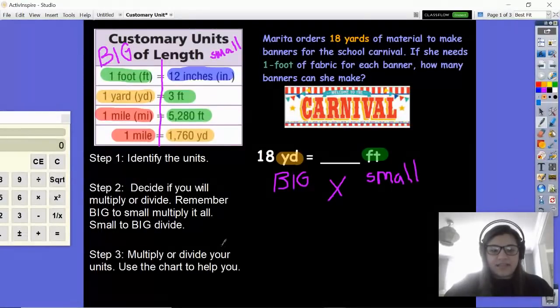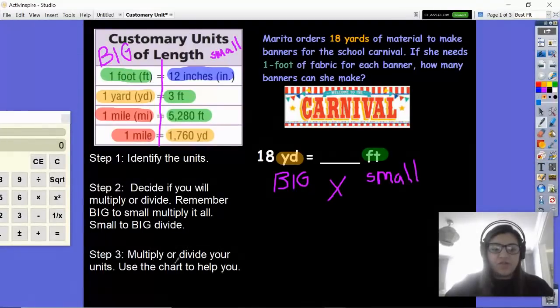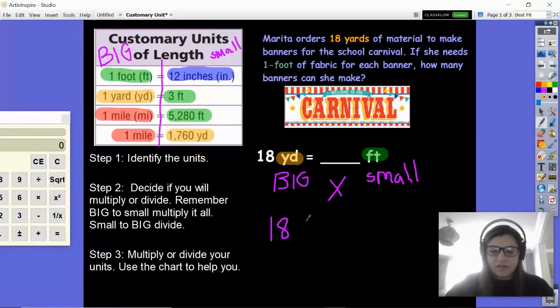So that takes us to step 3: multiply or divide your units. Use the chart to help you. Again, I already have my first units. I have those 18 yards. But what am I going to multiply those 18 yards by? That's where this chart comes in again.